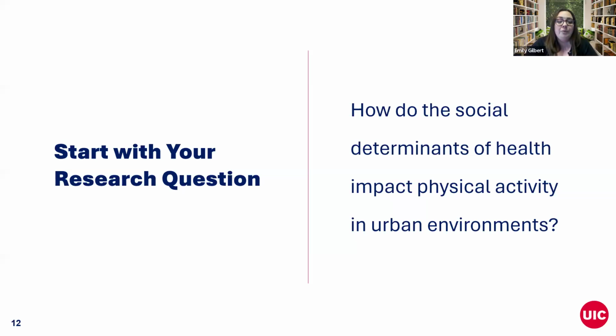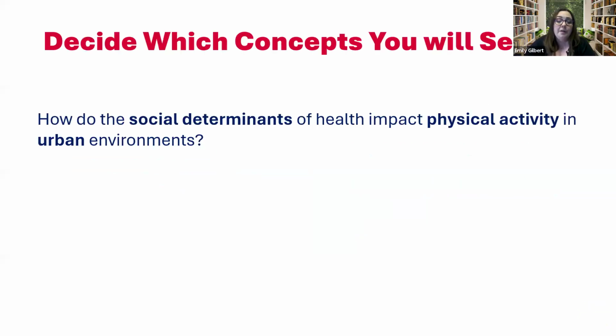So when we start harvesting search terms, we have to think about it in terms of concepts. These are the concepts for the search or the research question. The concepts that we can pull out of here are social determinants, physical activity, and urban environments.